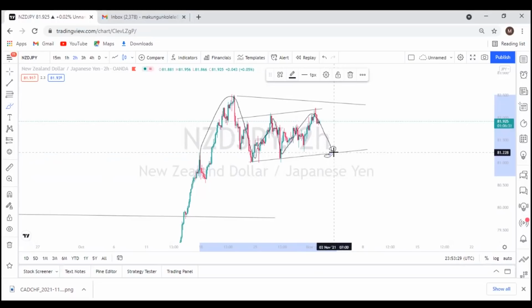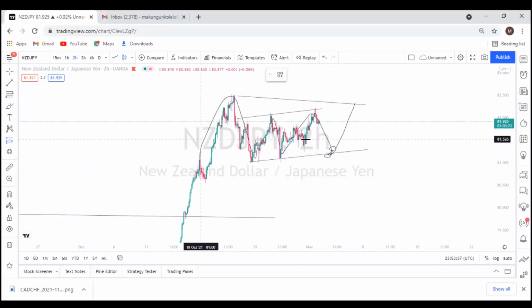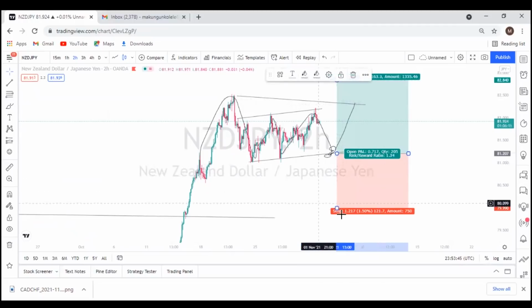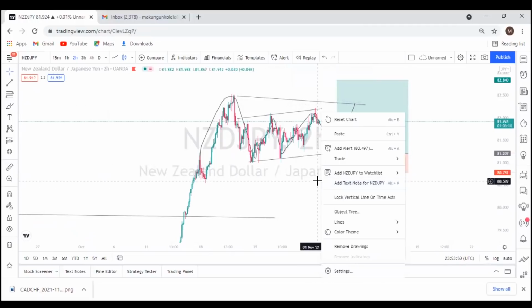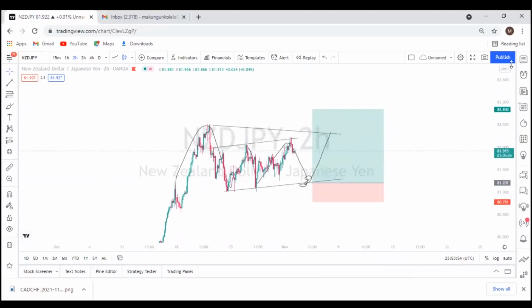So this is where we're gonna buy, right? Just like that. So this is what we're waiting for with USD JPY.